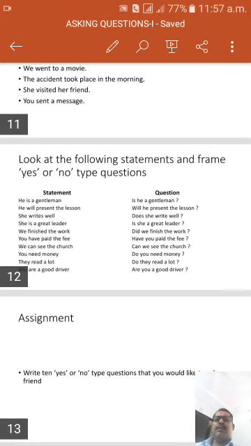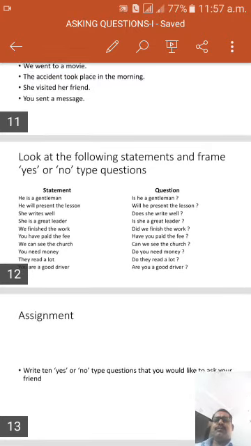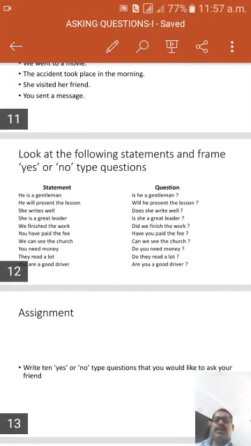If the verb is singular, use does. If the verb is plural in present tense, use do. If the statement is in past tense, use did.